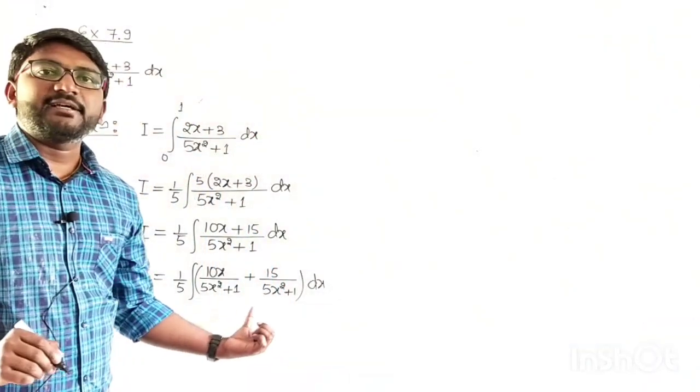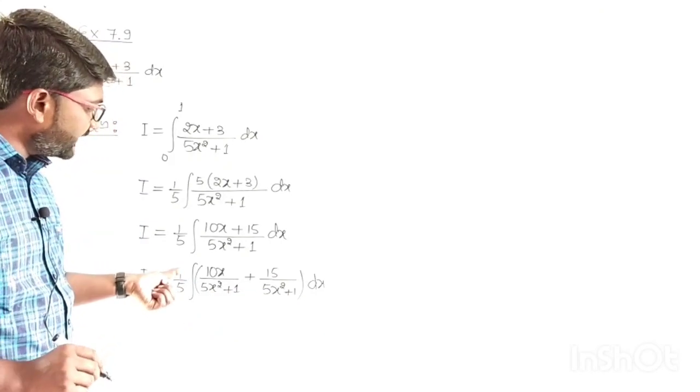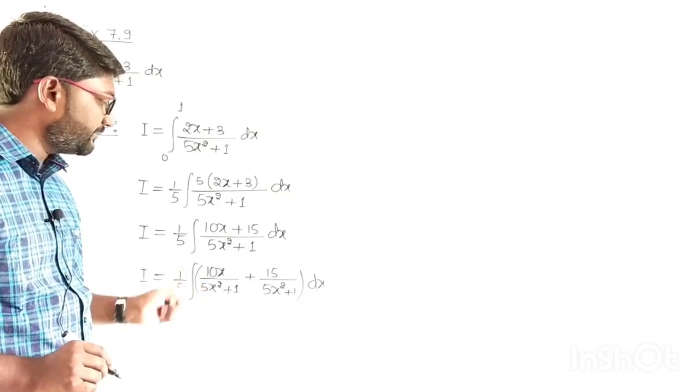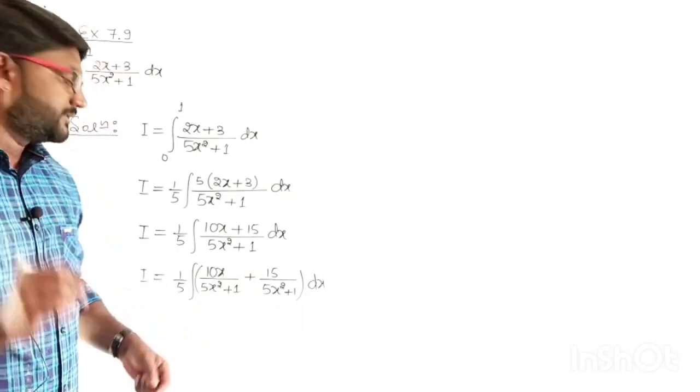Now integrate them separately, and considering 1 by 5 with these two terms, that is 1 by 5 will be multiplied with the first term as well as with the second term.